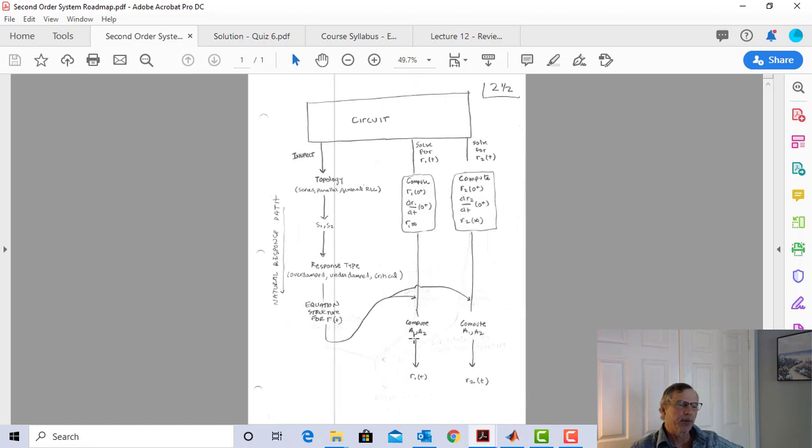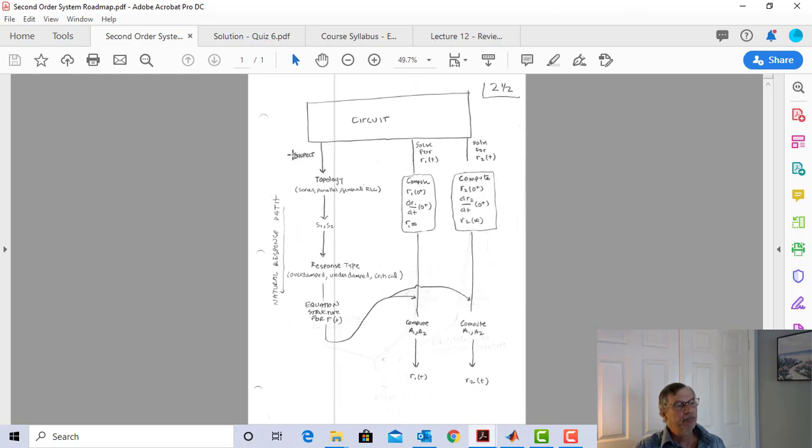I don't know if you remember this roadmap, but we used it, I believe, in lectures 5 and 6 quite a bit, because we took all these chapter 8 problems and said, they all fit on this silly little roadmap. And you remember that we start off with a circuit, we do all of our initial and final conditions, which is what we just did in the last 2 problems.